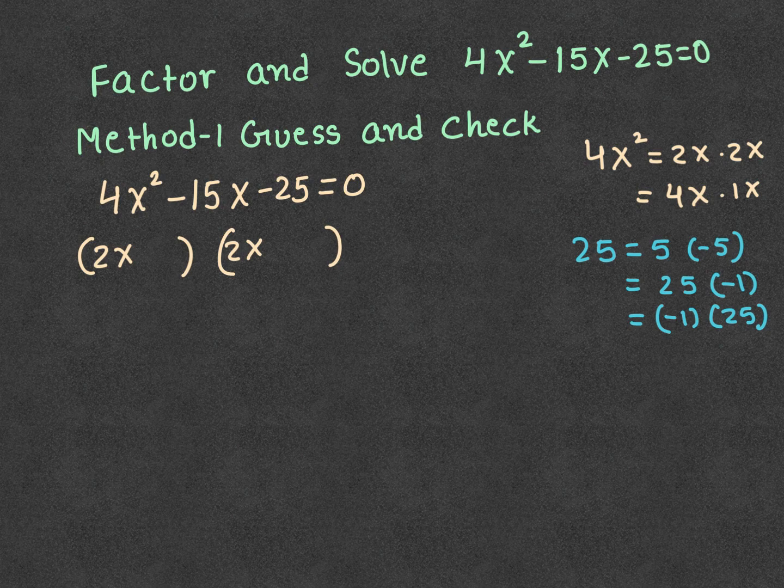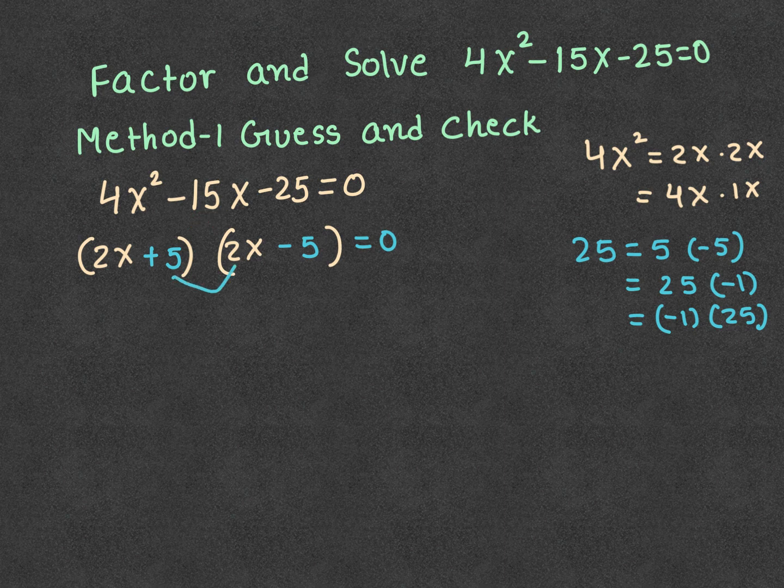What I am choosing here is plus 5 and minus 5 equals 0. So we have here 2x times 2x is 4x squared, and we have 5 times negative 5, which is negative 25. We are going to see if we have the x term as negative 15.